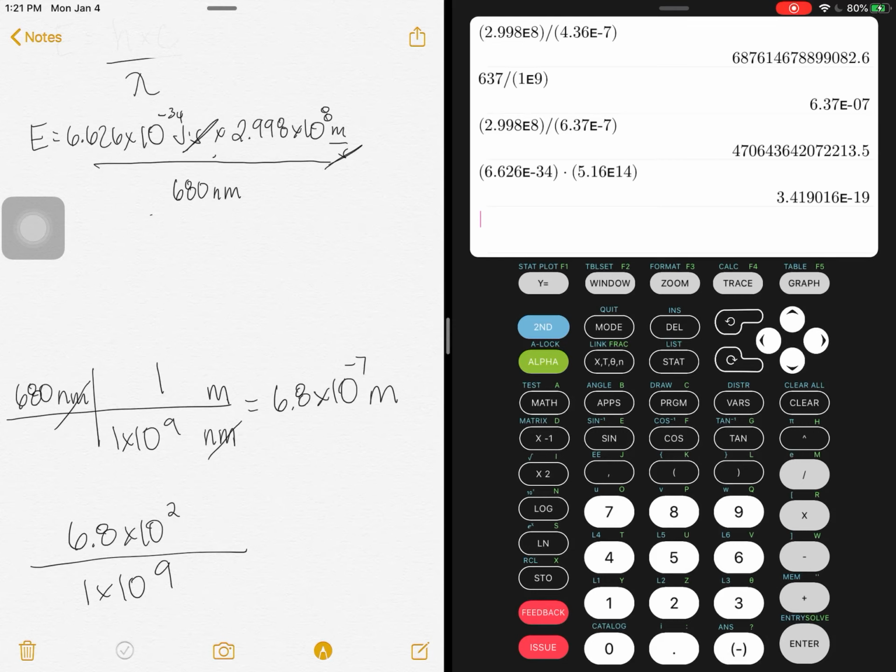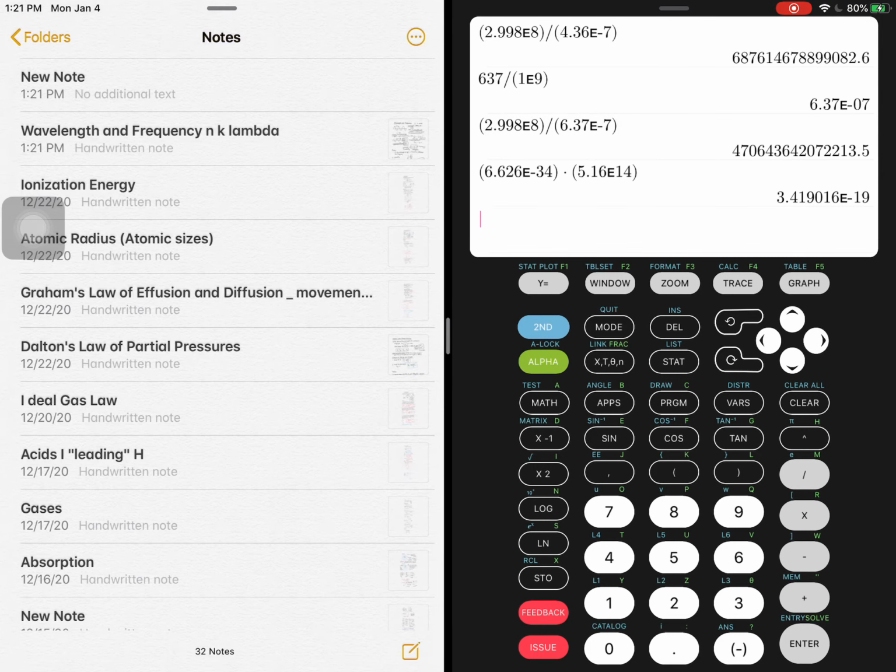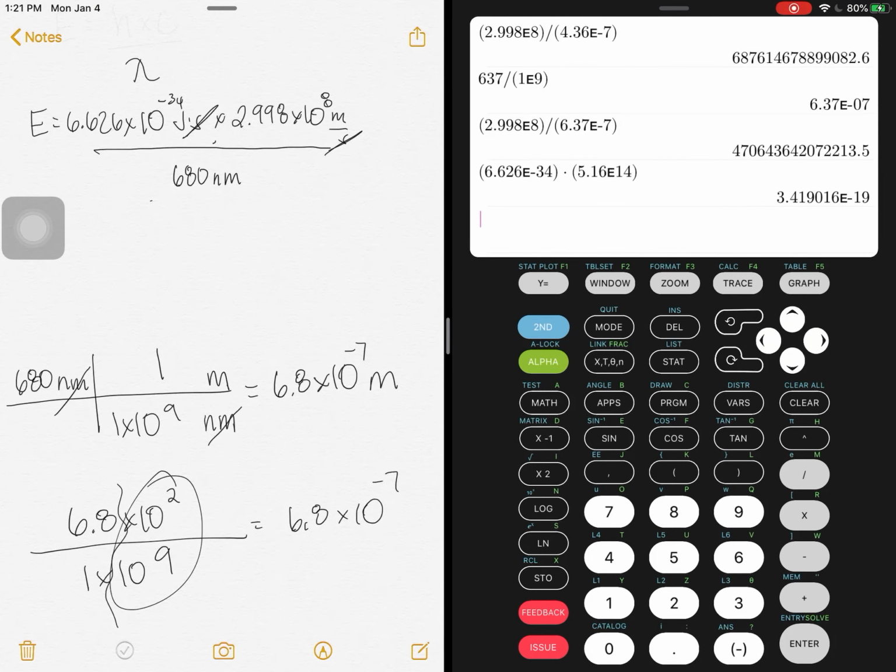If you're dividing by 1 times 10 to the 9th, well, you can kind of fraction this off. 6.8 divided by 1 is just 6.8. And then do you know how to do this? 10 to the 2nd divided by 10 to the 9th, you subtract the exponents. So it's 10 to the -7th. So sometimes you can save yourself some calculator work by doing a little bit of mental math.